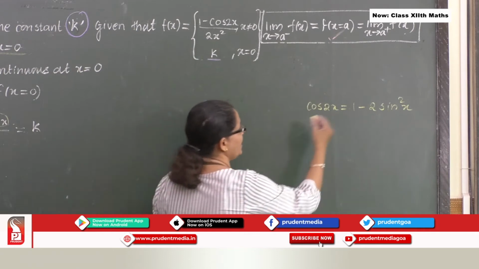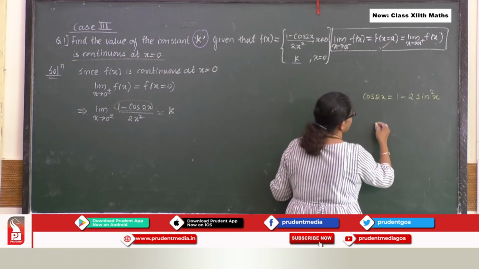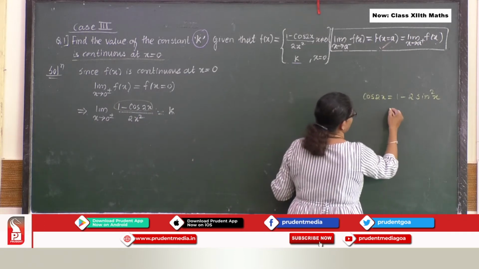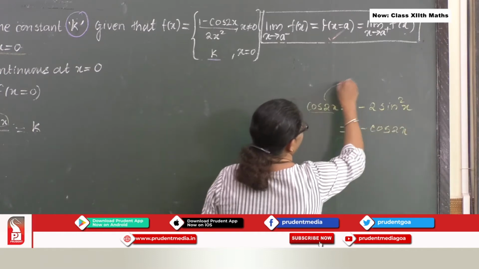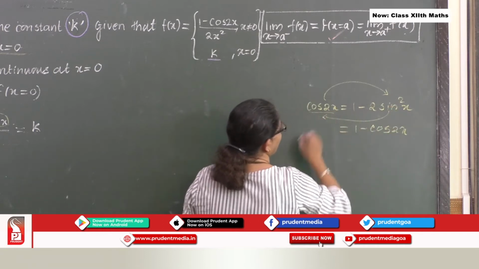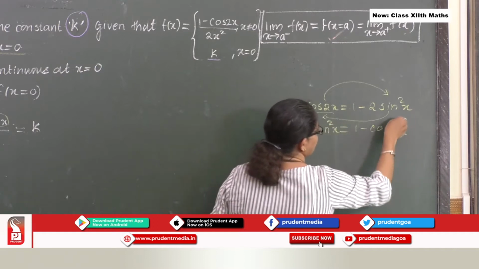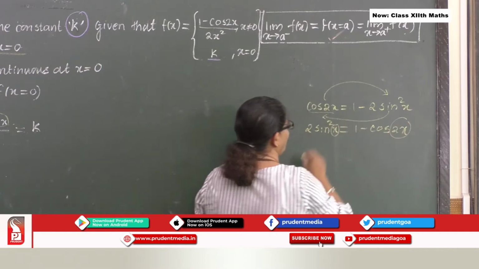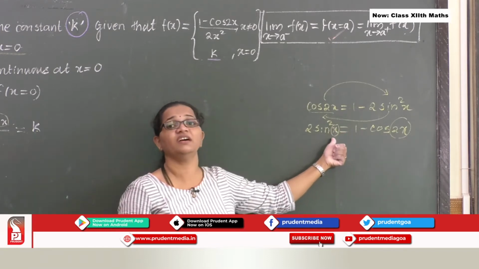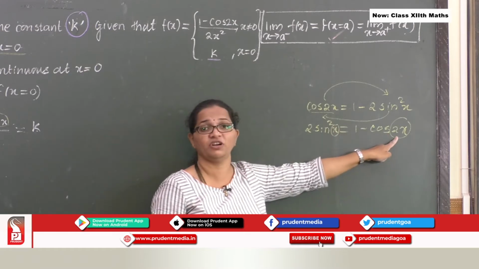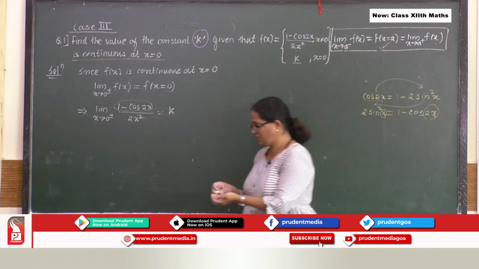So what I will be doing, I have here 1 minus cos 2x, so this will go here, this will come here, and I will have 2 times sine square of x. This is called the half angle property. Here the angle is 2x, and half of the angle is x. Perfect. So let's proceed further here.